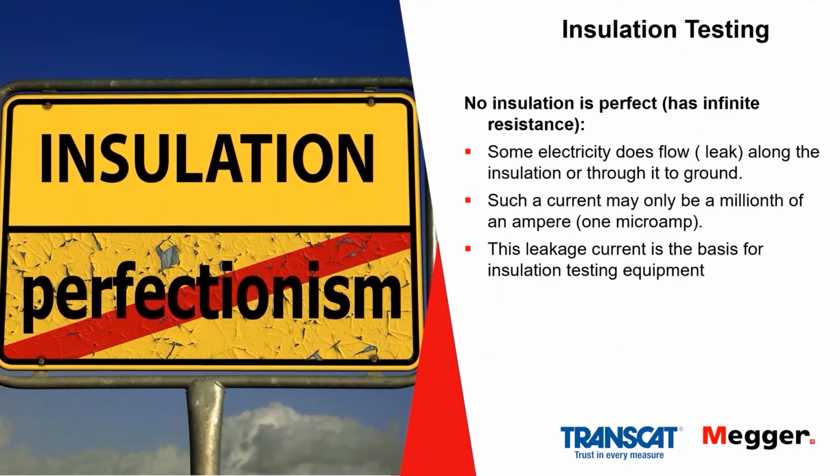No insulation is perfect. This is important to realize from the very start. The old analog insulation testers from years ago, which many of you have used and are familiar with, had an infinity symbol up on the high end of the scale. That's not a measurement. It just meant that the resistance you're trying to measure is greater than the capabilities of the tester.